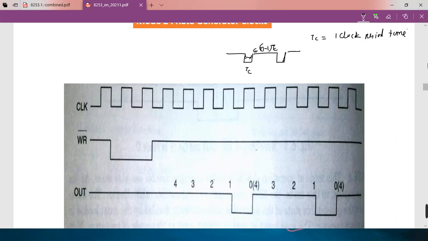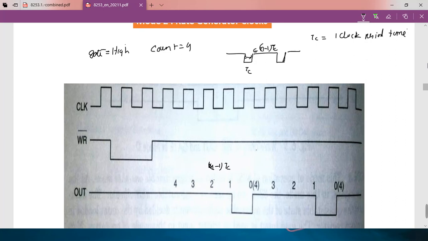In rate generator mode, first of all we have to make the gate pulse high, and when we write a count, for example count equal to 4, then on the first negative edge it starts counting: 4, then decrements to 3, 2, and 1. This is equal to n minus 1 TC.